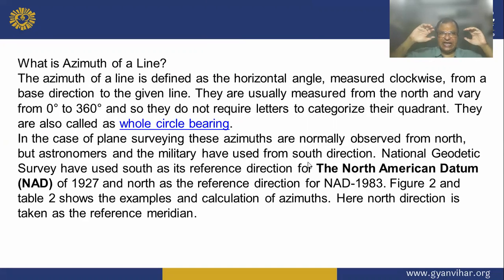So what is the azimuth of a line? The azimuth of a line is defined as a horizontal angle measured clockwise from the base direction to the given line. They are usually measured from the north and vary from 0 to 360, so they are not required to be categorized by quadrant.